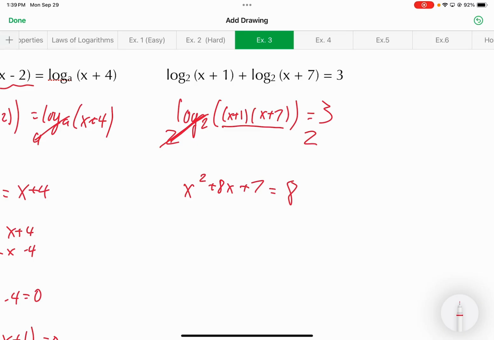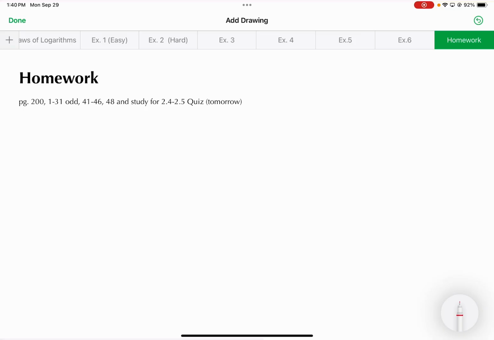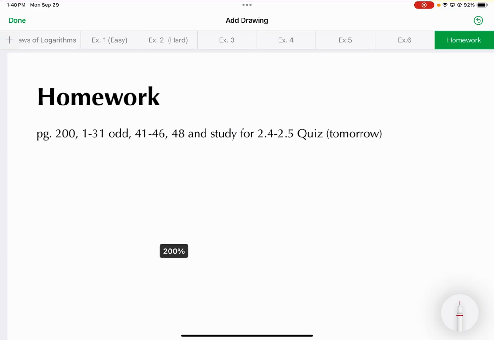And then I should subtract 8 from both sides, giving me x squared plus 8x minus 1 equals 0. Does that factor? So what would I have to use? Quadratic formula. Yep, okay.